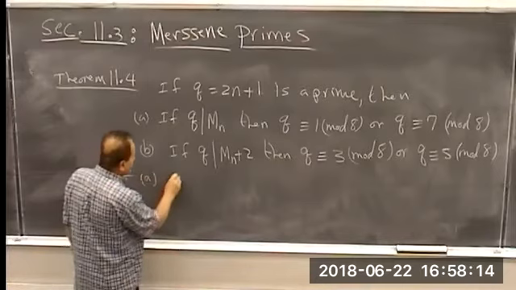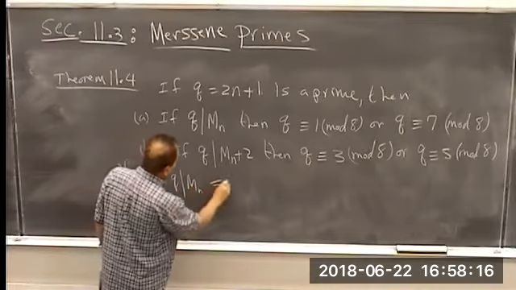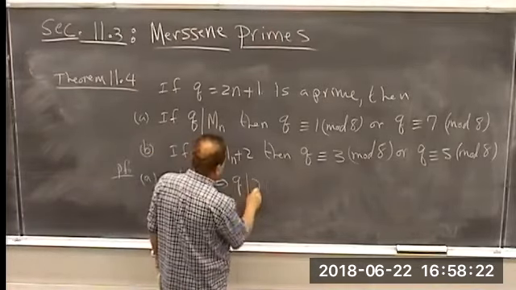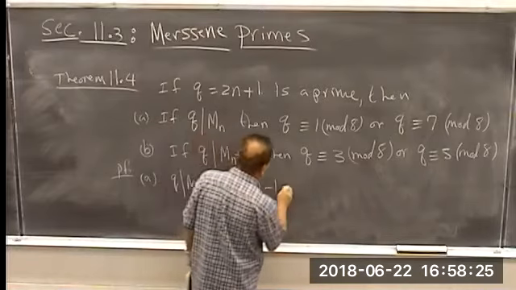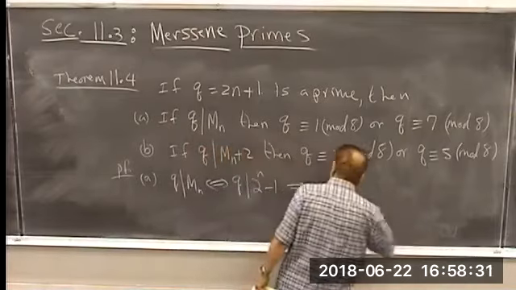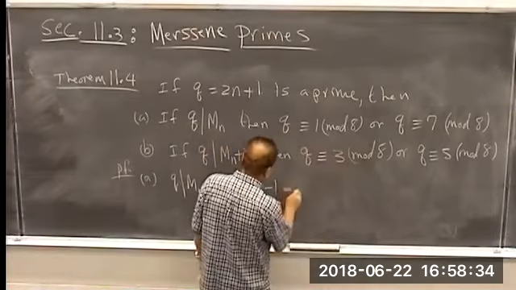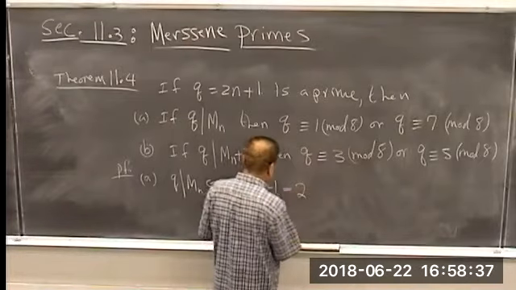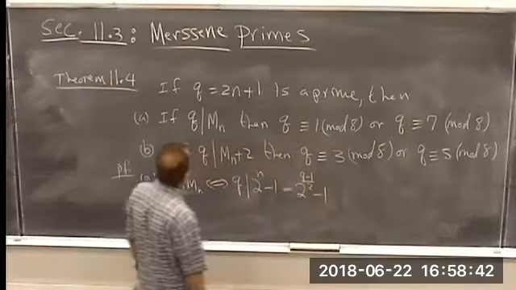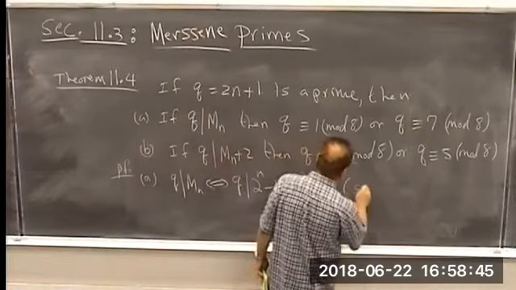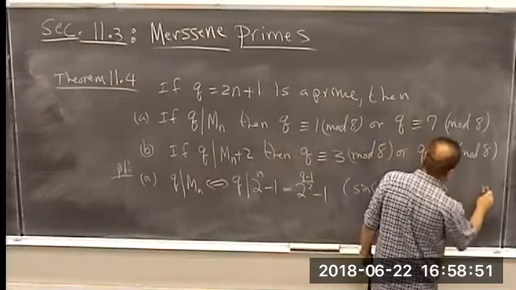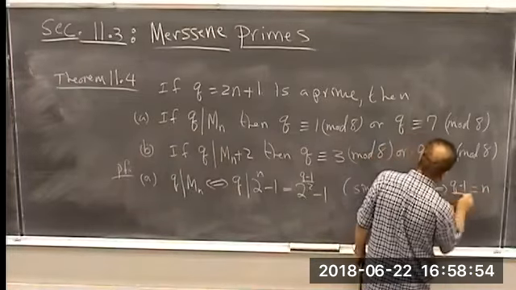Let's go with A. Q divides M_n means Q divides 2^n minus 1, which is equal to 2^(Q minus 1 over 2) minus 1. Remember, since Q is equal to 2n plus 1, this implies n is equal to Q minus 1 over 2.